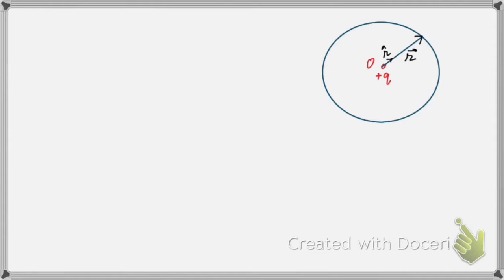Now we are to calculate the electric flux due to the charge enclosed by this surface. So what do you mean by Gaussian surface? It is nothing but an imaginary closed surface, such that the intensity of electric field at all points on this surface is the same. That is Gaussian surface. So hope you got it.